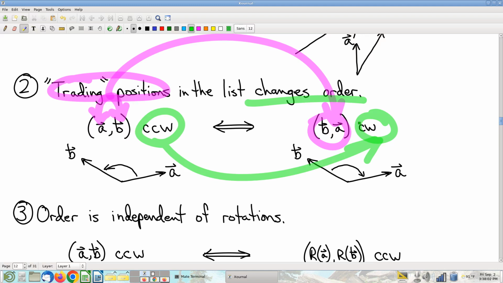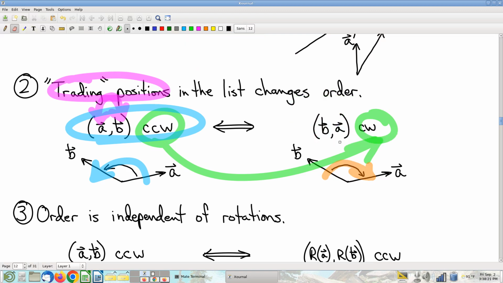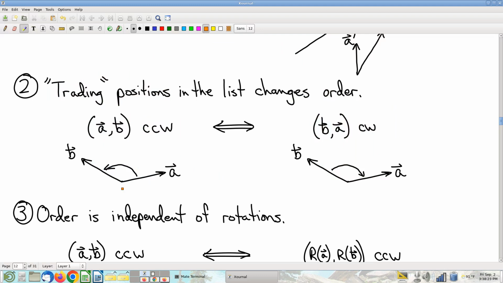And you can see that actually happening. This list over here is counterclockwise; same vectors with the order of the list changed, B A, is now clockwise. I don't think there are any tough sells here geometrically. This is all pretty believable.